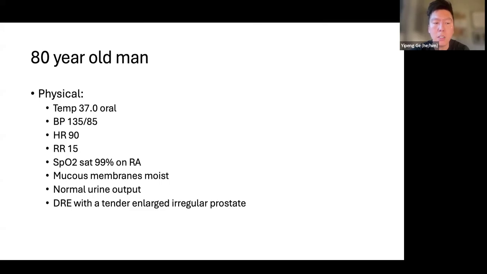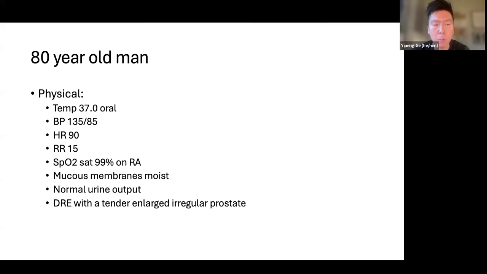You do a digital rectal exam because of his past medical history of the prostate cancer, and you notice a tender, enlarged, irregular prostate. But since you might not have seen this patient before, you're not actually sure what his baseline might be, if these are chronic changes from his prostate cancer that has been told to you or reviewed on history that is in remission.